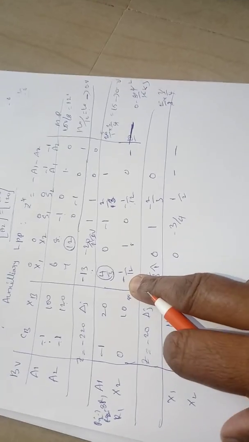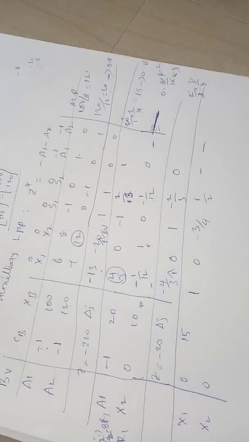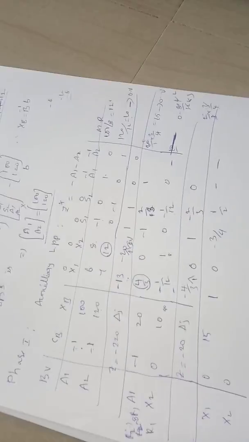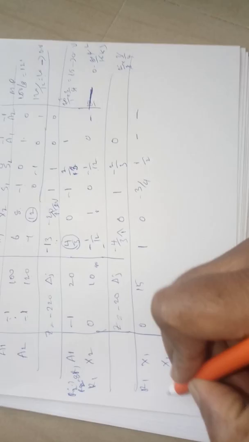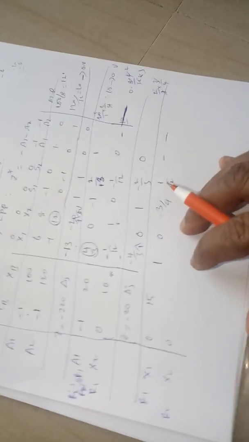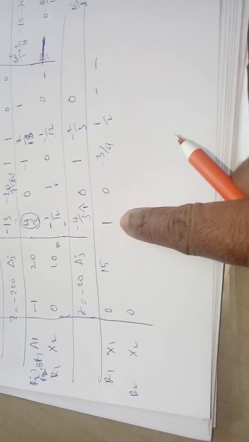And the below value should become 0. So how do we make that 0? This is R1, R2 is this. Here the value is minus 1 by 12, but here the value is 1. So first write down 10, minus 1 by 12, 1, 0, minus 1 by 12. Then you have to multiply the key element row with 1 by 12.